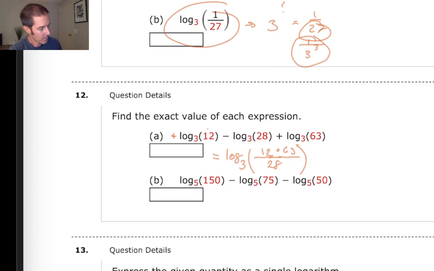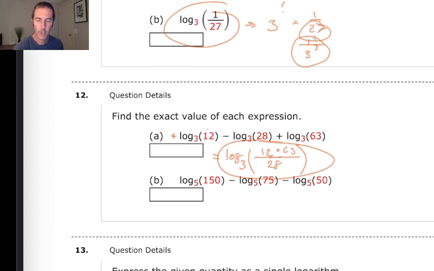If it's possible to simplify this, we will. 12 and 28 certainly reduce by a factor of 2. In fact, they reduce by a factor of 4. And then if there's any final reducing that you can do this way, you'll do that. And then once you have this entire argument simplified as much as possible, you will try to evaluate this logarithm.